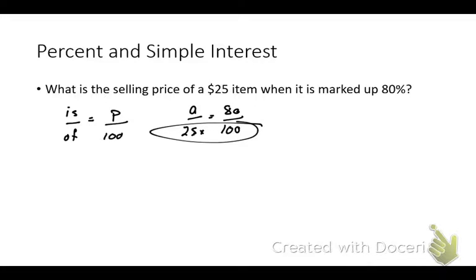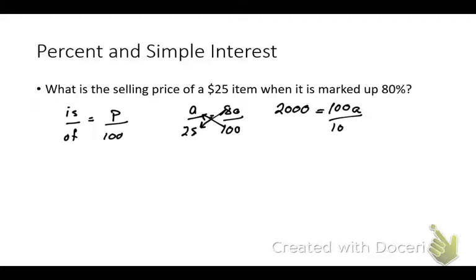Now, cross products, though, if there's no clear connection between, cross products works every time. And 25 times 80 was 2,000 equals 100A. All right, now we divide both sides by 100, and A, or the part, is $20.